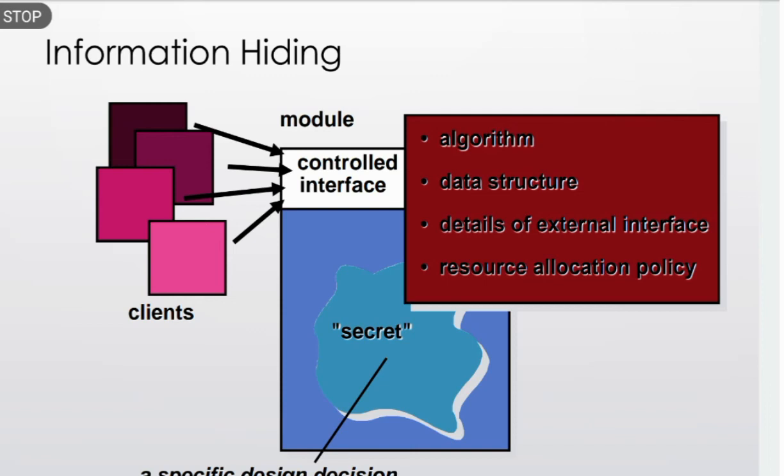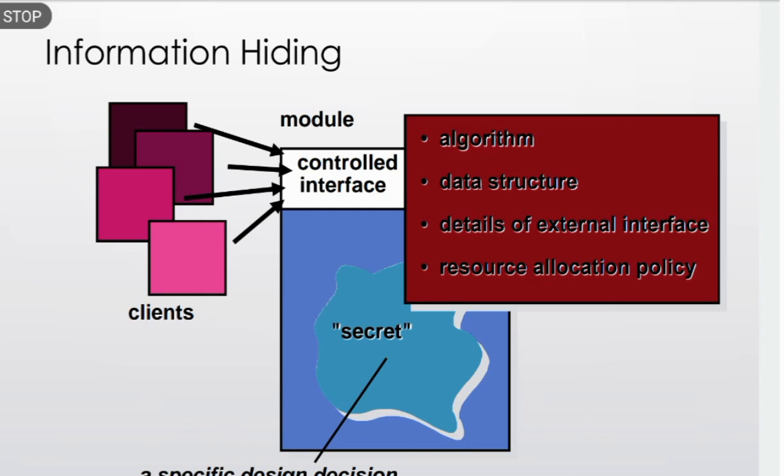The concept of modularity leads every software designer to a fundamental question: how do we decompose a software solution to obtain the best set of modules? The principle of information hiding suggests that modules be characterized by design decisions that hide from all others.